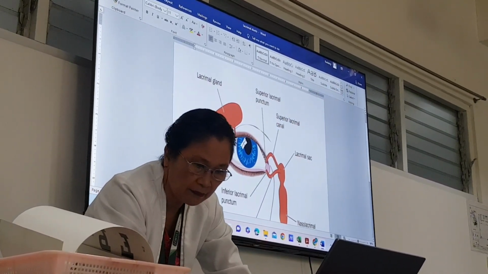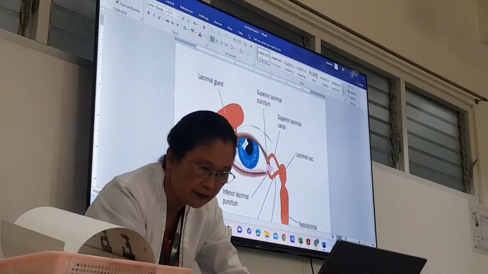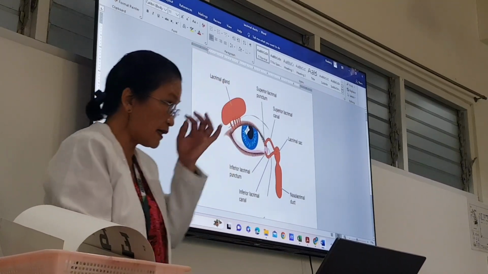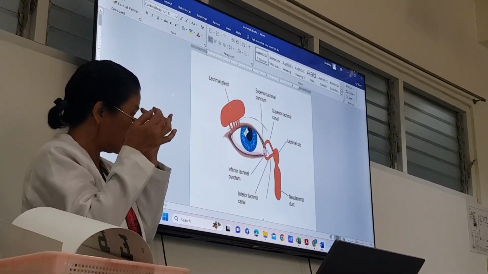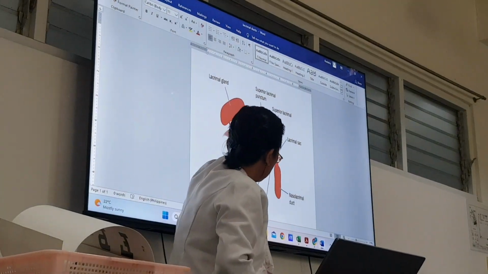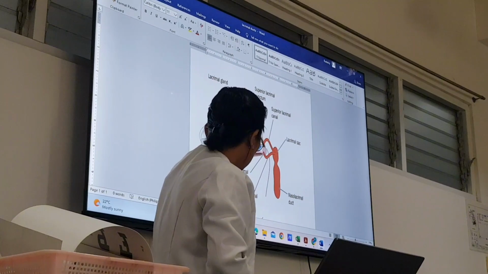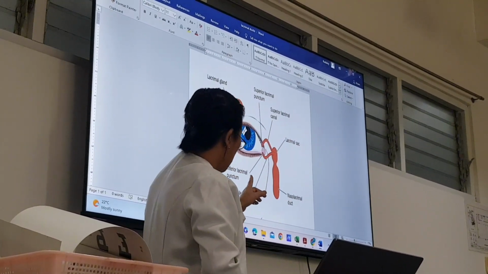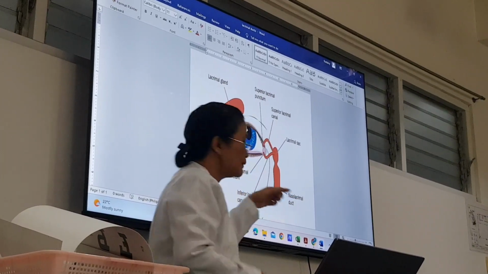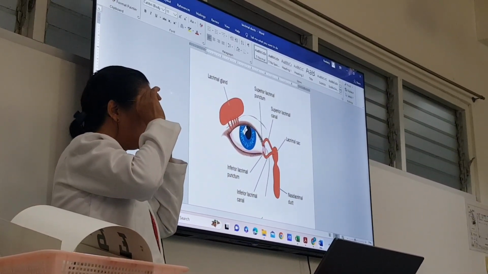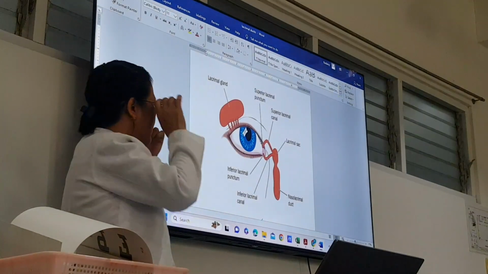Lacrimal sac, nandito lang sa tabi ng ating mata. And inferior, superior, puncta yan. And yung nasolacrimal duct, nandito lang. Sa baba na at sa medyo taas ang lacrimal duct.